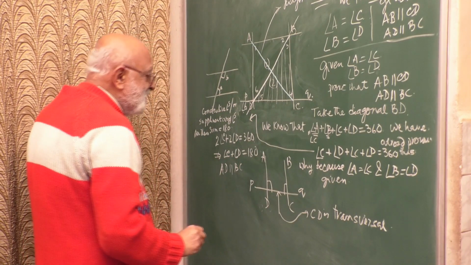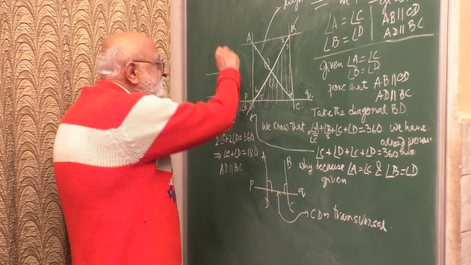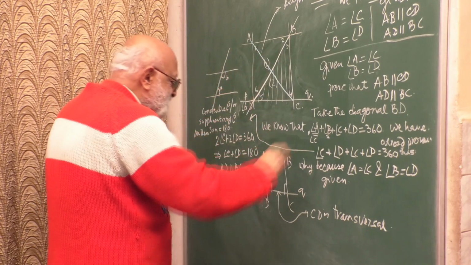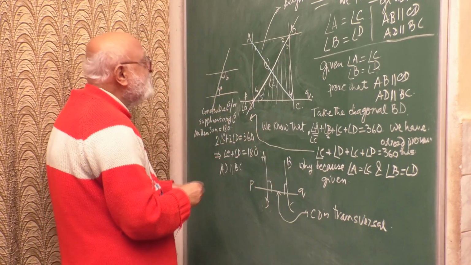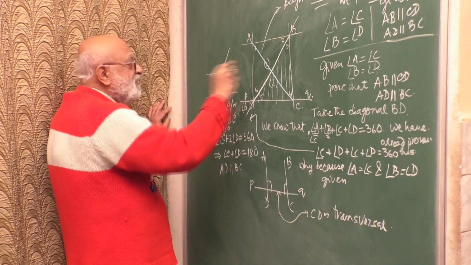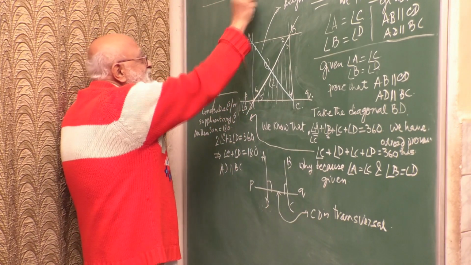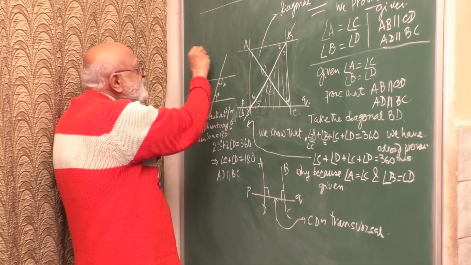Okay, similarly, you take these two lines and you can do the same way. That means I can take these two, AB and CD.